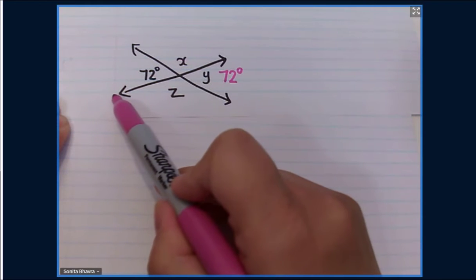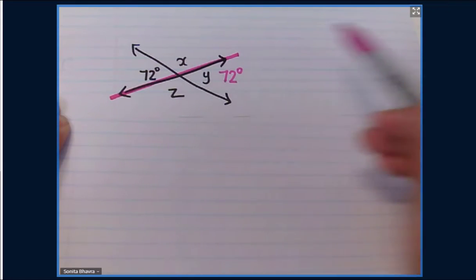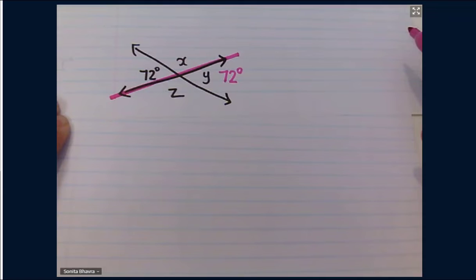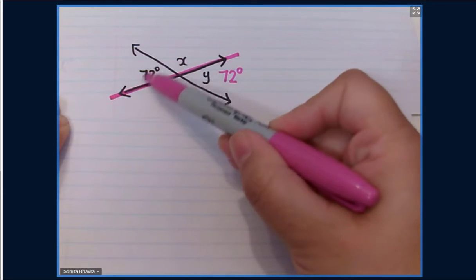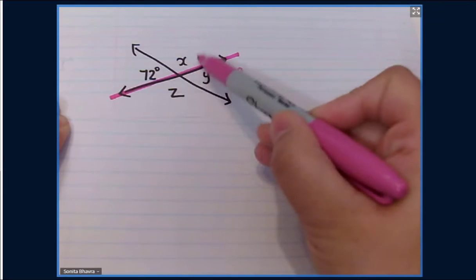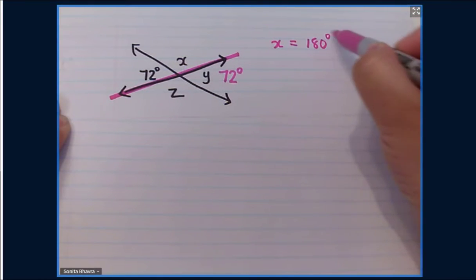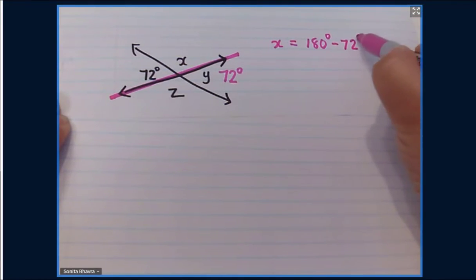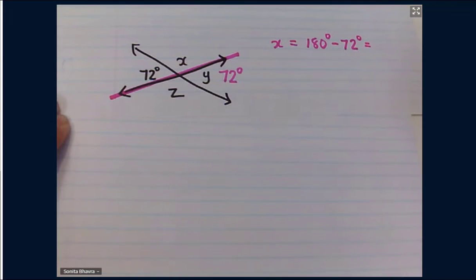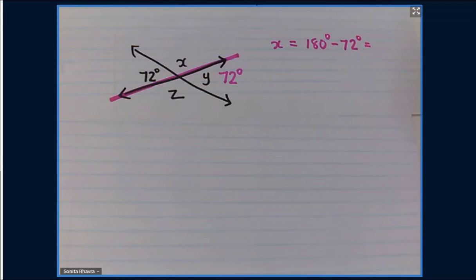So because we know this is a straight line, okay, and this part here is 72 degrees, we can figure out x by taking 180 degrees, subtract the 72 degrees. So 180 minus 72, grab my calculator, gives me 108 degrees.